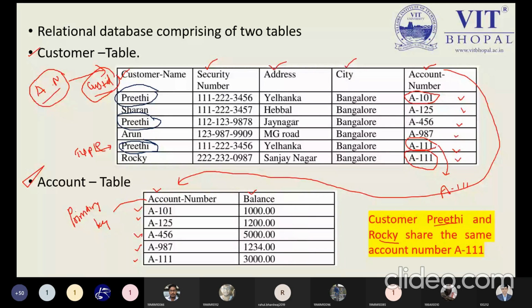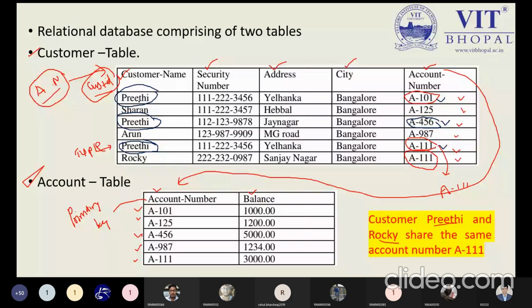So Priti has an account that is 101. Priti is also represented by another account number that is A456, and Priti also has a third account number that is A111. So you can see, if we want to represent the information in the network way, we can take this example that Priti is associated with three different accounts.